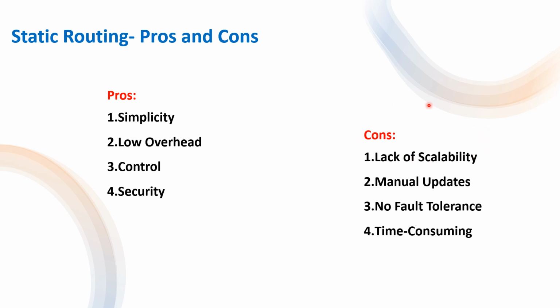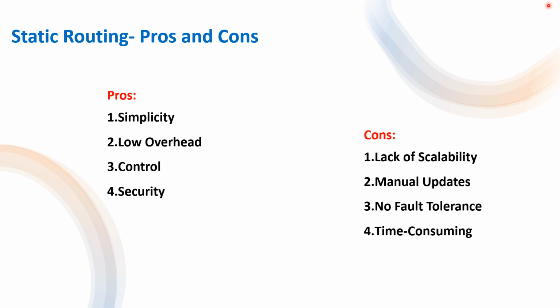Now, let's look at the drawbacks. As a network grows, managing static routes can become overwhelming due to the manual setup required. If network changes occur, such as adding new routers, administrators need to manually update the routes.